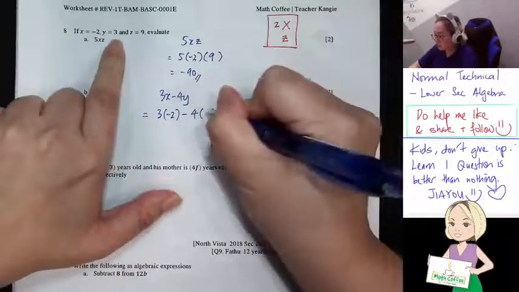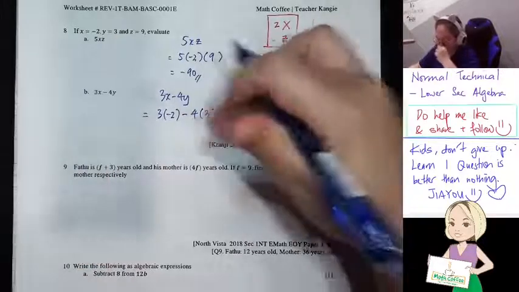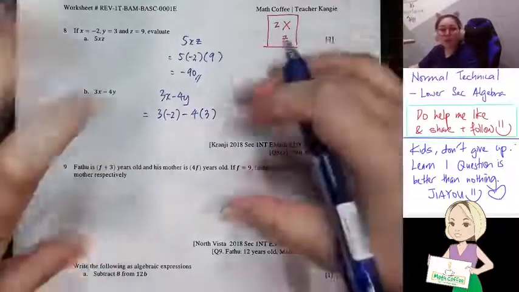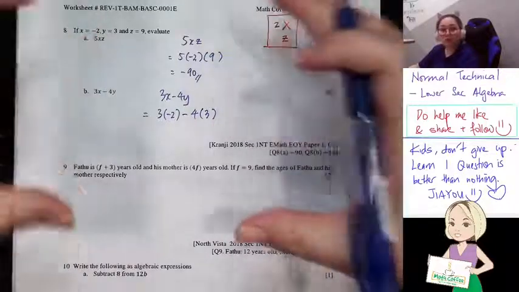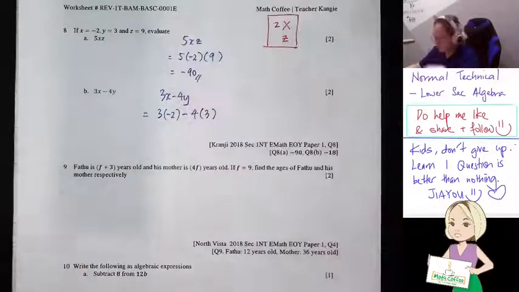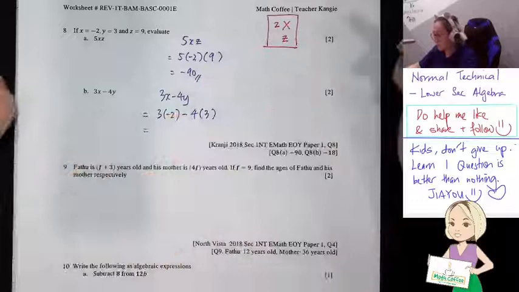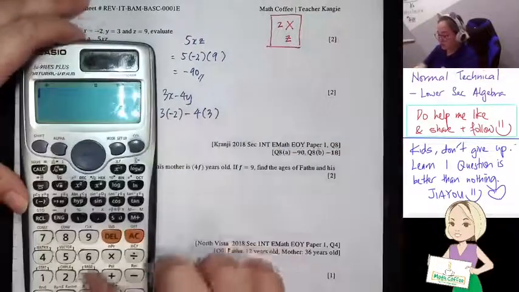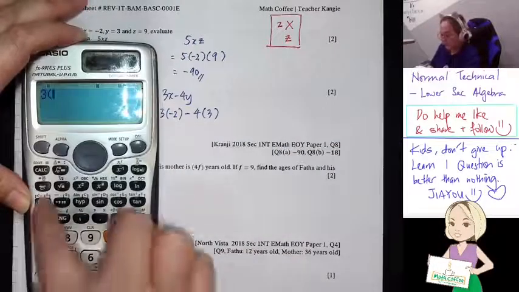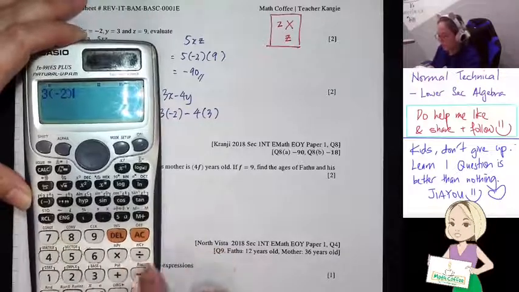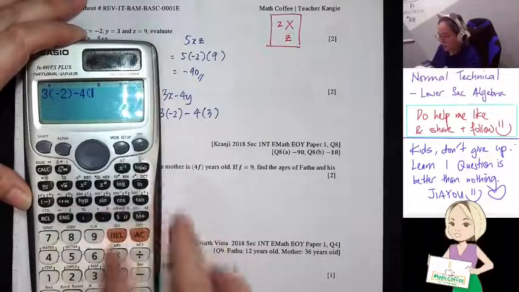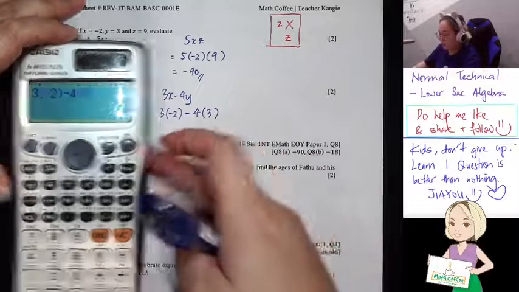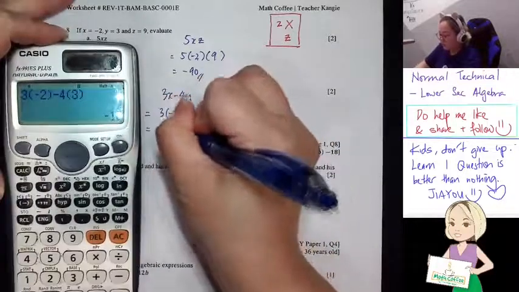My y is 3, put in the 3. Okay, in this question, there's no z, so no need to panic. You just need to know to take the correct values from the alphabet. Okay, again, you can just press a calculator. So it's 3 open bracket, negative 2, minus 4 open bracket, 3. And we will get negative 18. So it's negative 18.